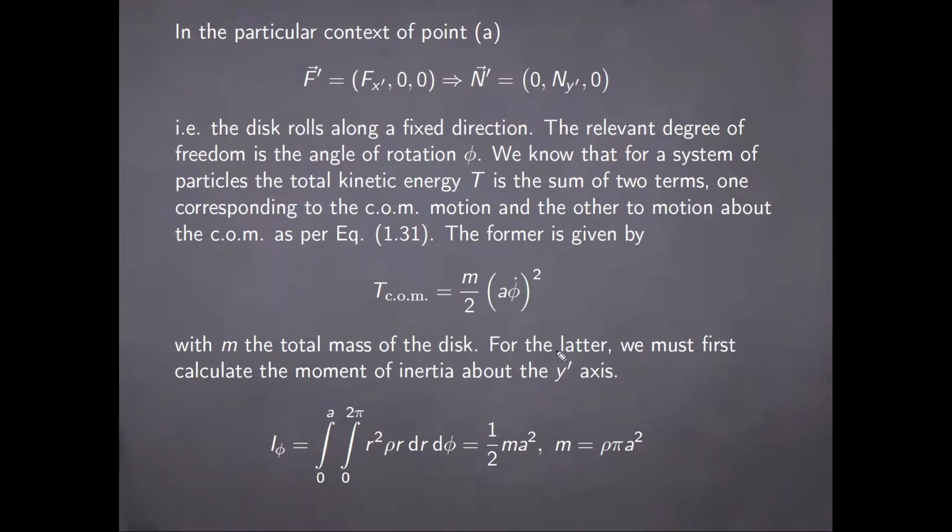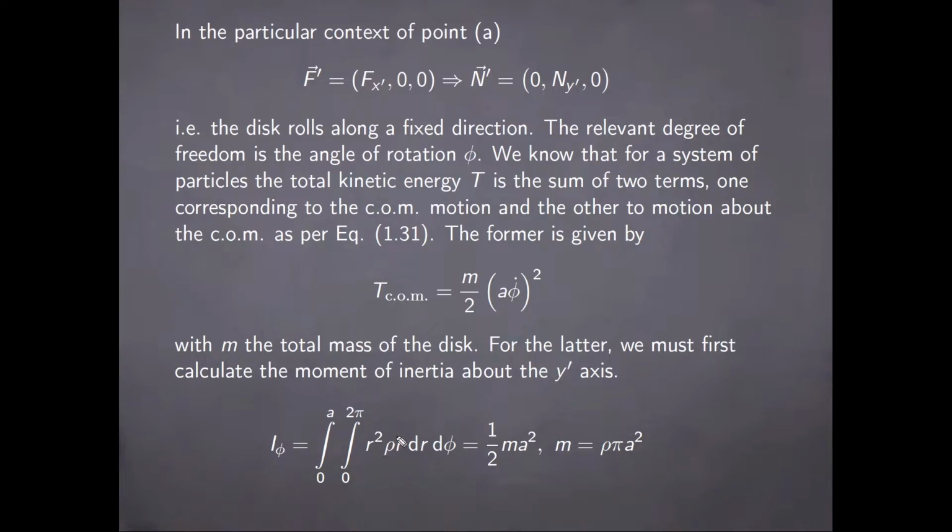Now, to calculate the latter, we must first calculate the moment of inertia about the disk's symmetry axis. We will discuss this in greater detail when we reach the topic of rigid body dynamics, but in this case it's really simple. For a constant density, or for an arbitrary density for that matter, we just sum each mass element of the disk multiplied with the squared distance between that element and the axis of rotation.